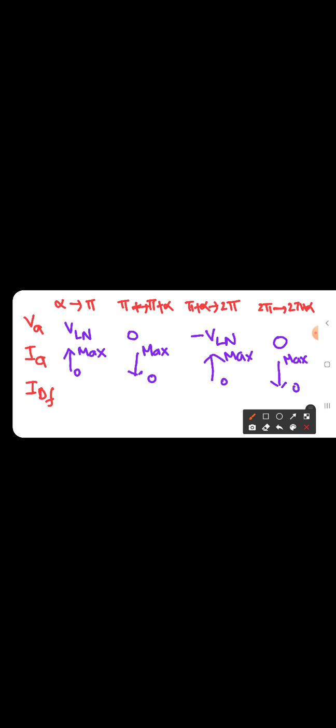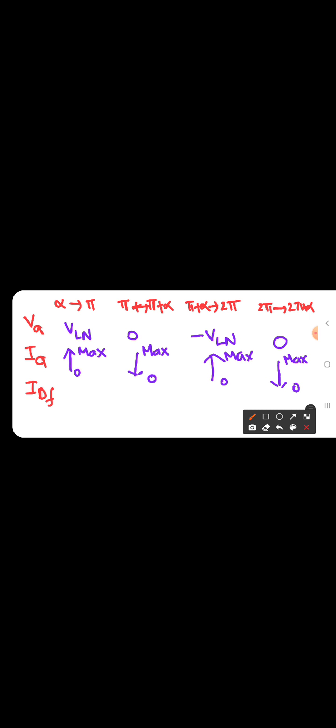Similarly, what about IDF? The freewheeling diode conducts only when the inductor discharges its energy, that is, when the energy storing element is discharging its energy. At that time only the freewheeling diode will be in the on state.